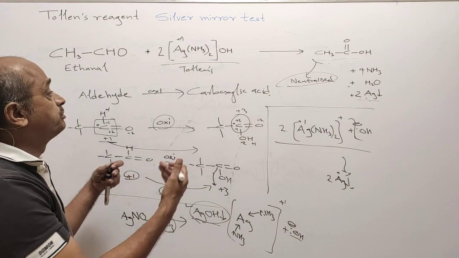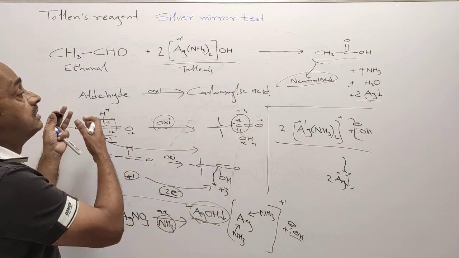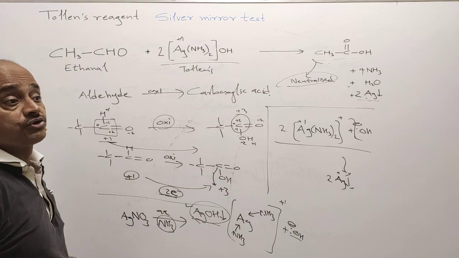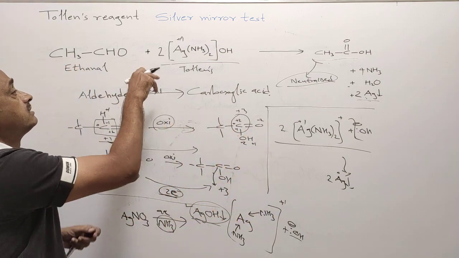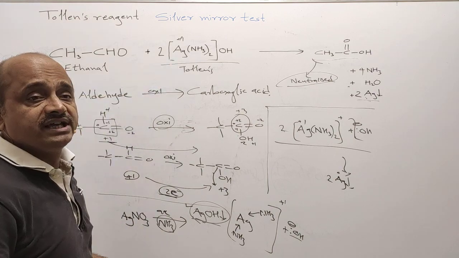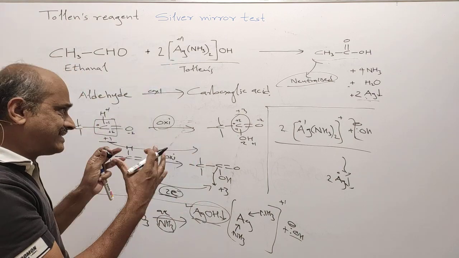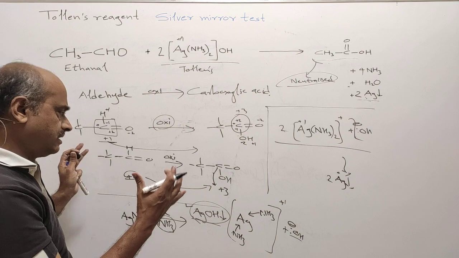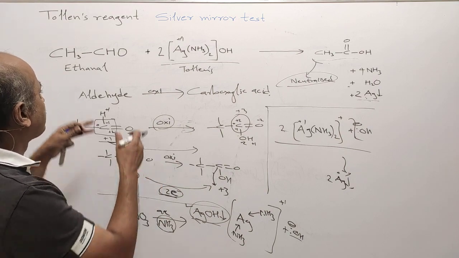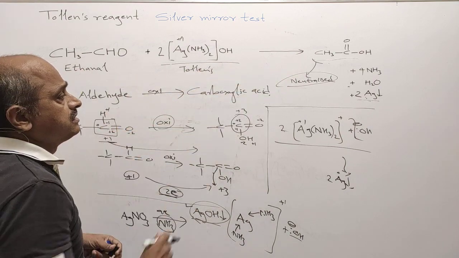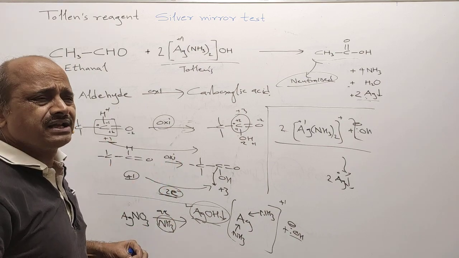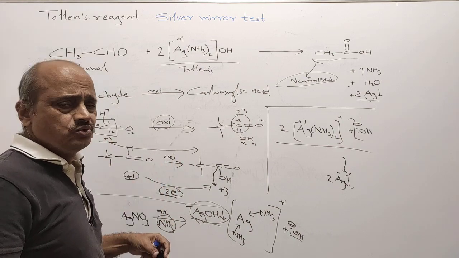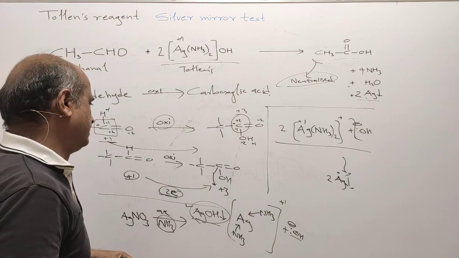It should be studied in this fashion by considering the aldehyde functional group, when it oxidizes, what is the change in oxidation number, so then how much Ag plus will reduce. If all these things are studied separately and collectively applied here, then it is not necessary to memorize chemical reactions blindly, and actually that is not a way to learn chemistry.